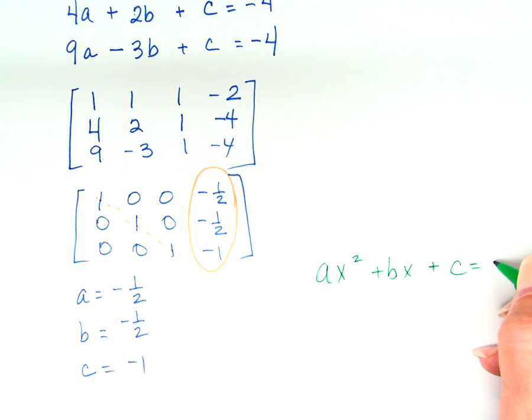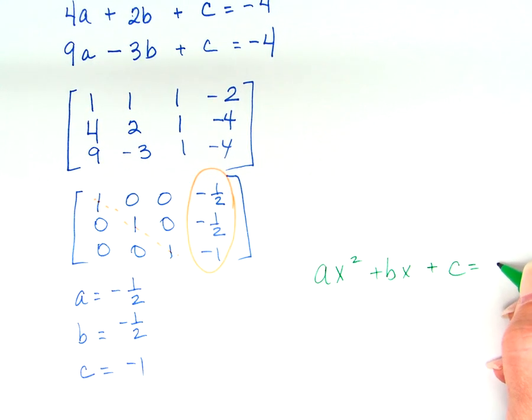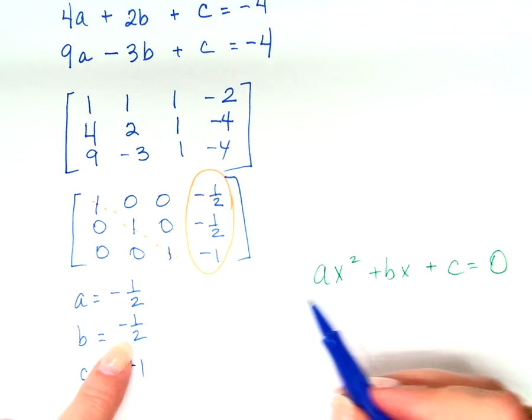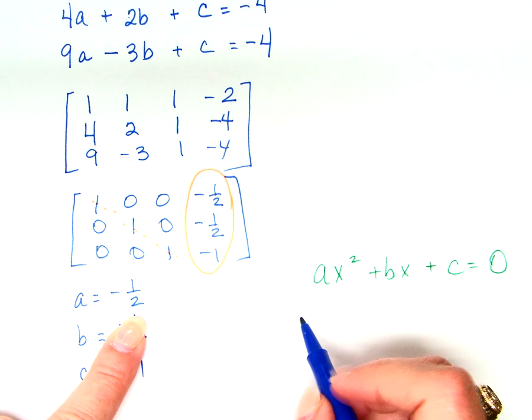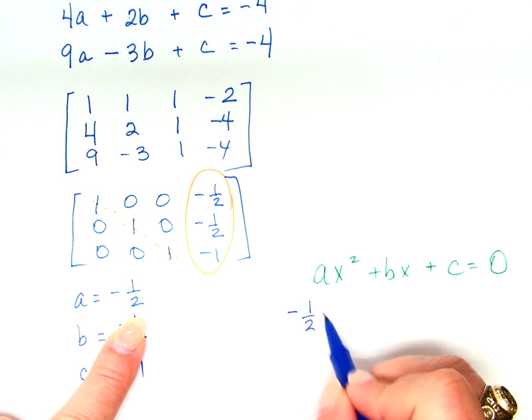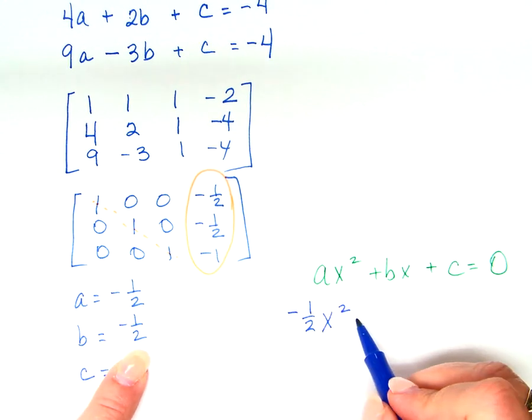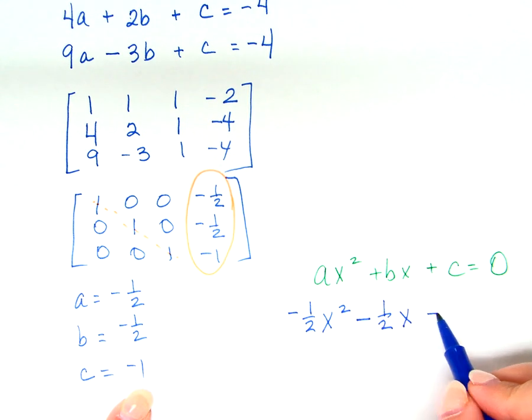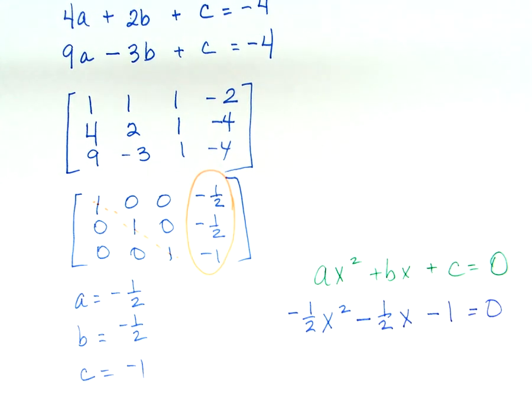What do you want it to equal? 0. Does it matter at this point? No. So negative 1 half x squared minus 1 half x minus 1 equals 0.